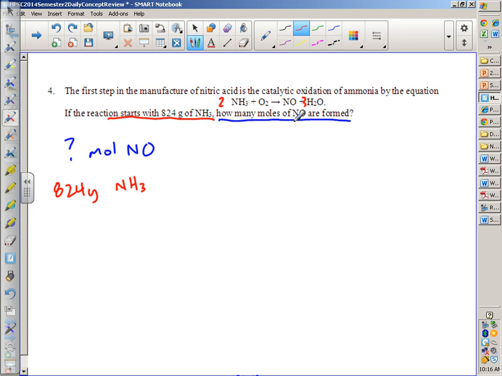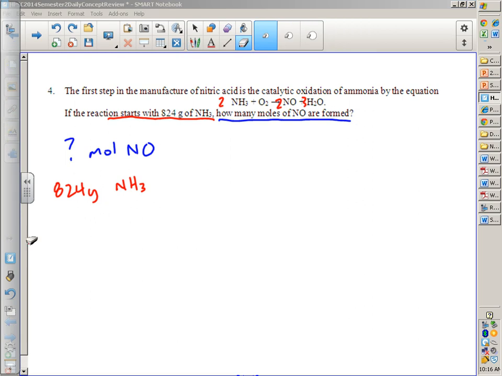I don't expect you to be able to do this as quickly as I'm doing it. So that's 6. That's right. 2 there. We need 2 here, right? Okay, but that runs us into a problem because now we have an odd number of oxygens over on this side over here, okay? When you run into that problem, generally the solution is basically just to double everything, okay?